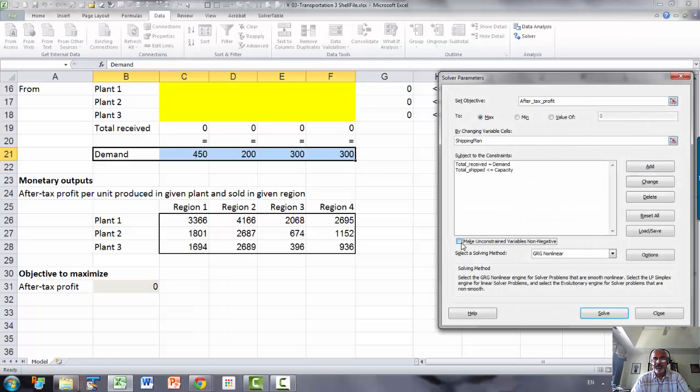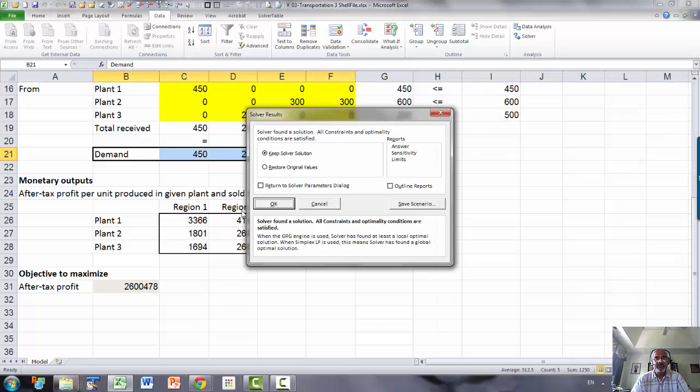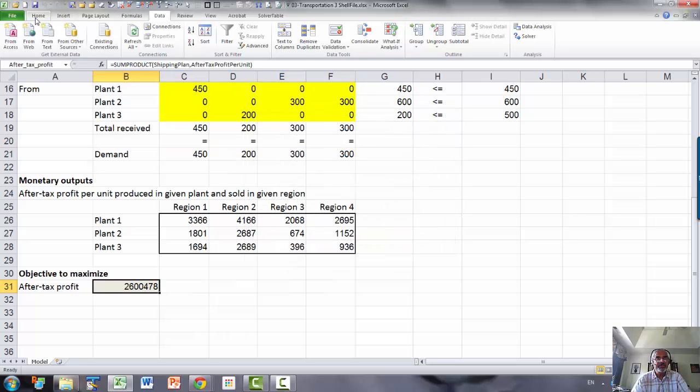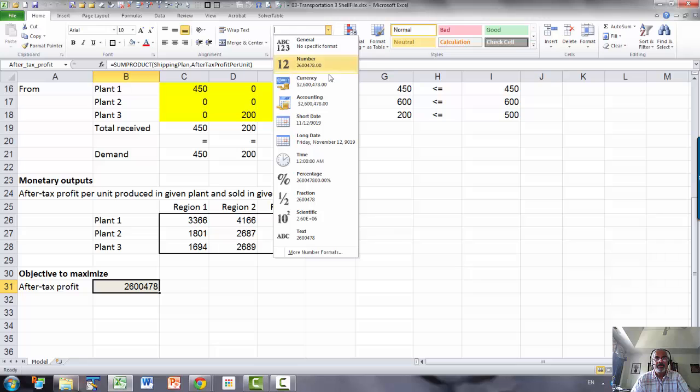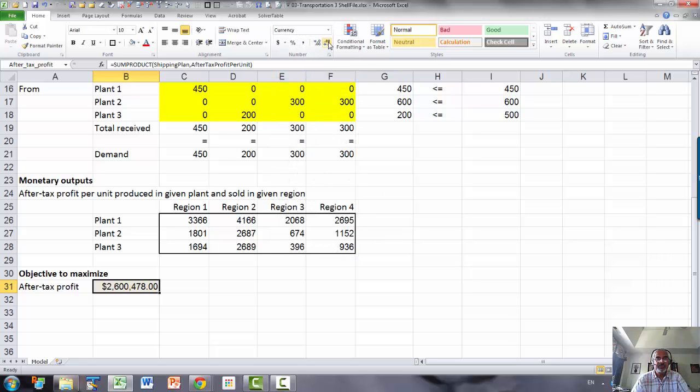Okay, change that, solve, and we have a solution. Let's change the format for this, and we'll get rid of the decimal places. So that's our after-tax profit.